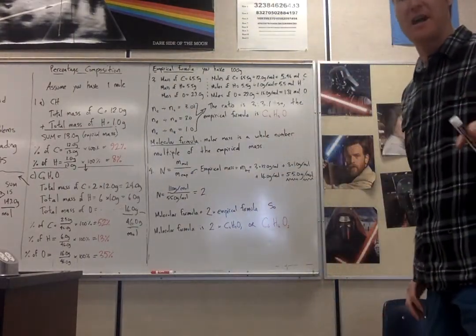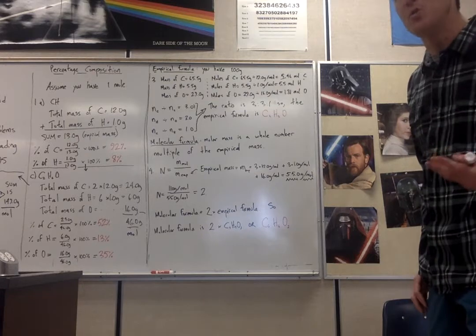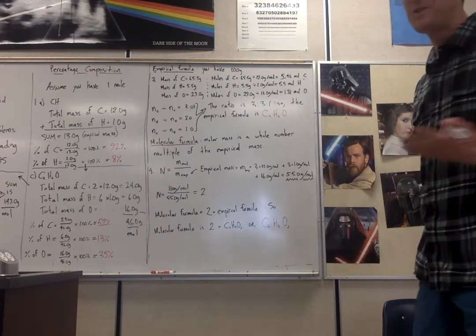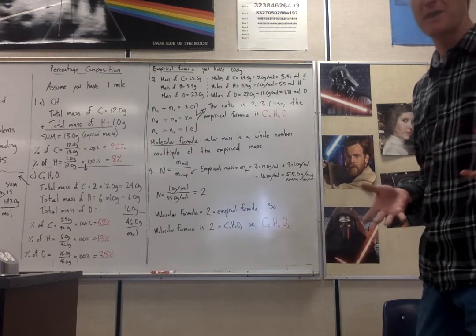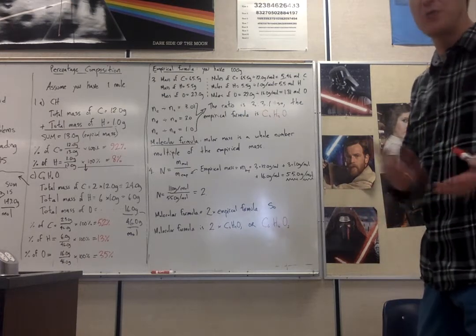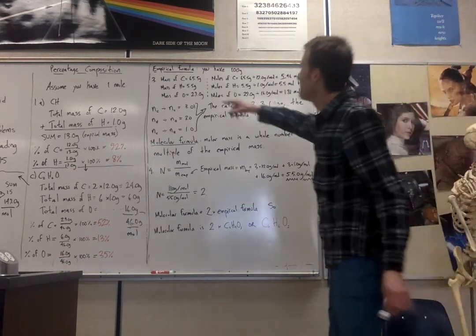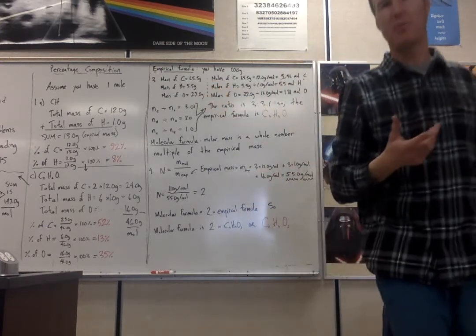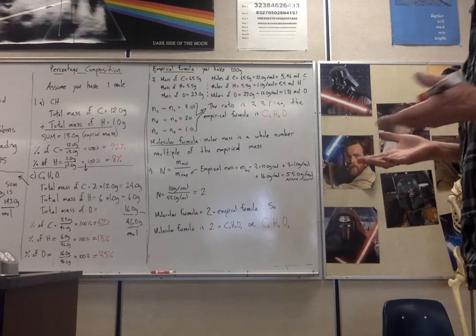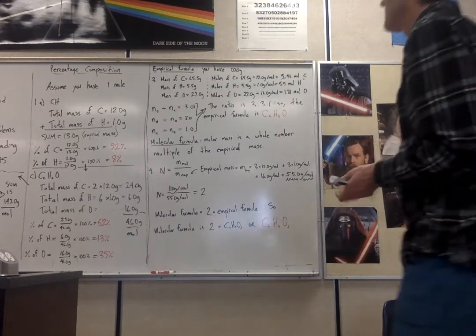For these kinds of problems, you assume that you have 100 grams, which is a lot easier, really. You could assume you had any amount, but 100 grams is super easy because, after all, you were given percents. If your carbon is 65.5% by mass, then you have 65.5 grams in 100 grams.